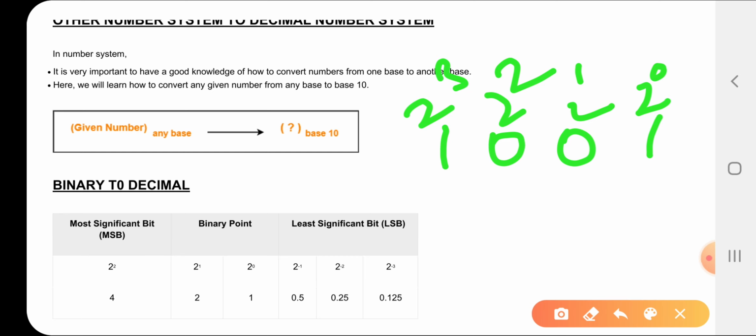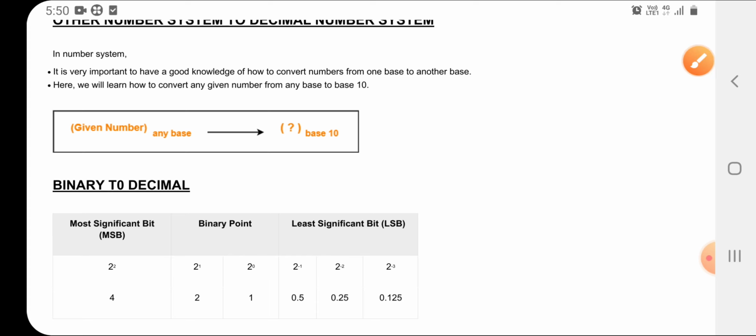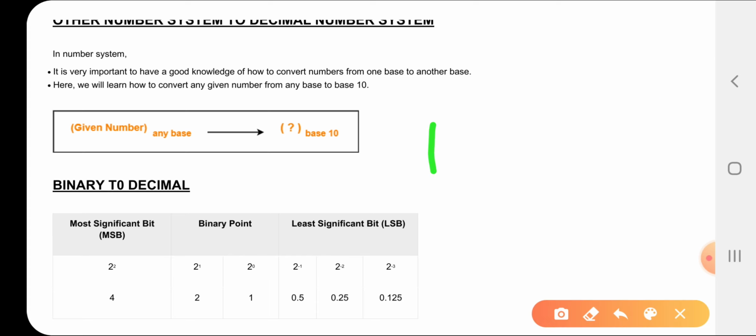Suppose the number has a fractional part, for example 10.111. This is a binary point, just as decimal numbers have a decimal point.